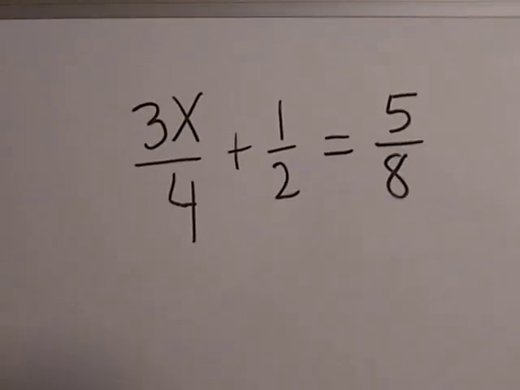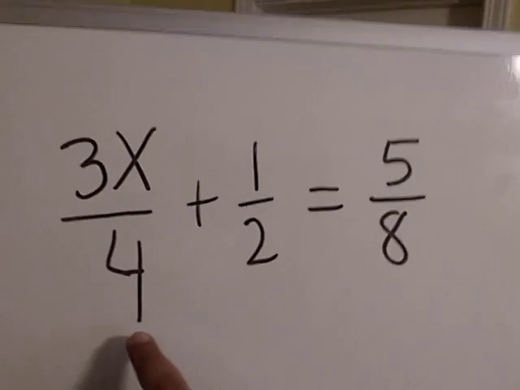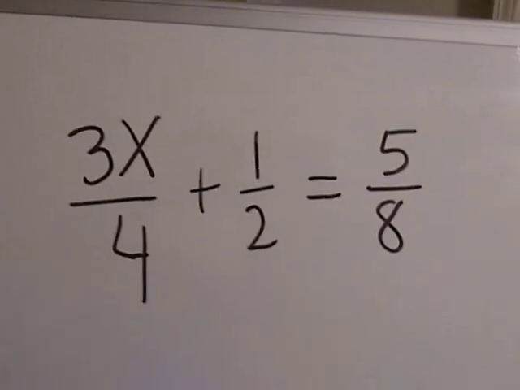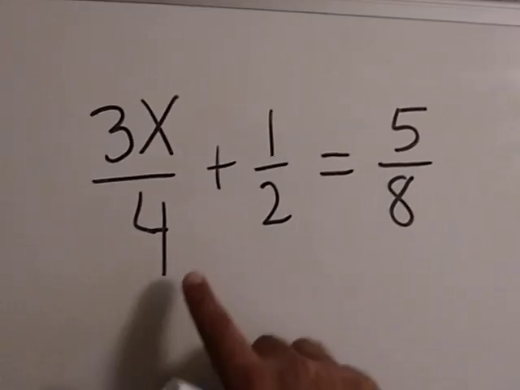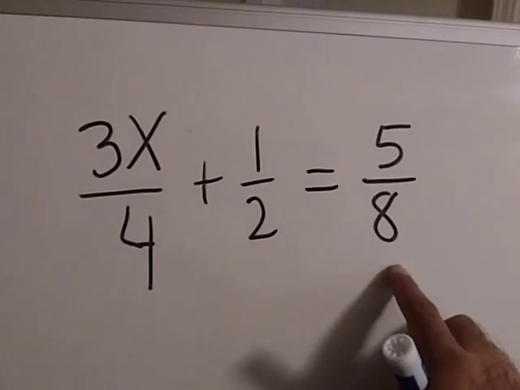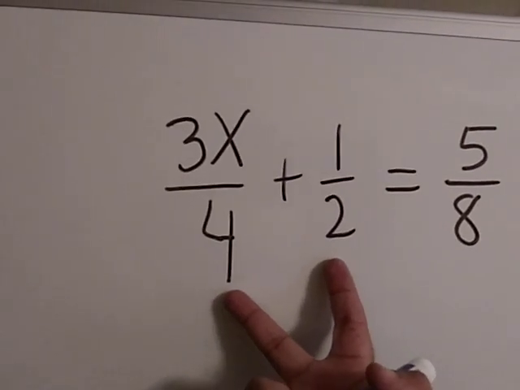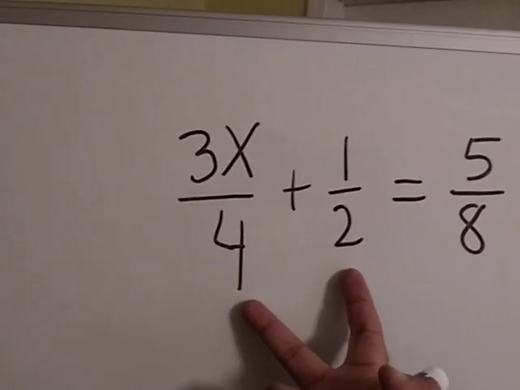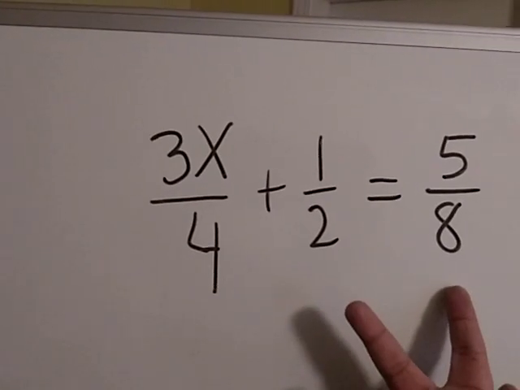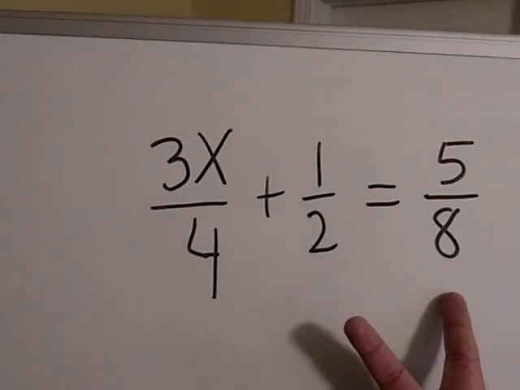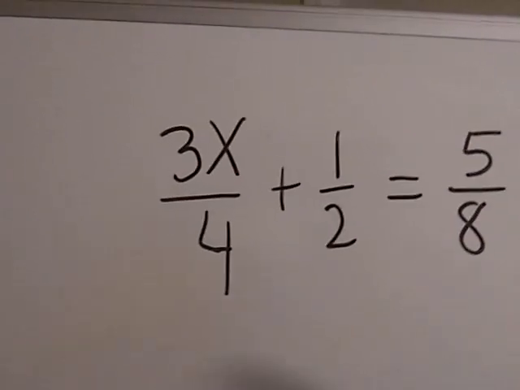Okay, so in this case, whenever we have 3 different denominators, we need to find the common denominator between the 4, the 2, and the 8. If we were to look at these 2 numbers, yes, the common denominator would be 4. However, the 4 and the 8 wouldn't be able to function with that common denominator of 4. So we need to go a number higher.